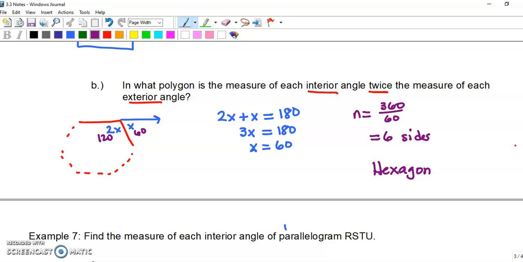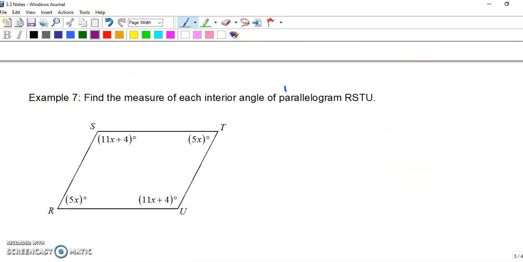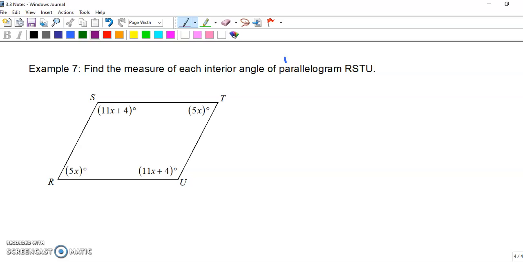Now if we have a parallelogram, and we'll get more specific about parallelograms in the next chapter, what we know is these opposite angles are the same, but it's a quadrilateral. Again, it's 4 sides, and the sum of the interior angles is 360.